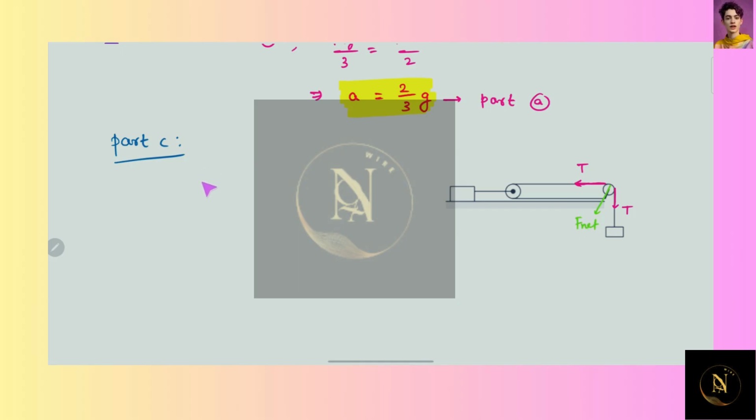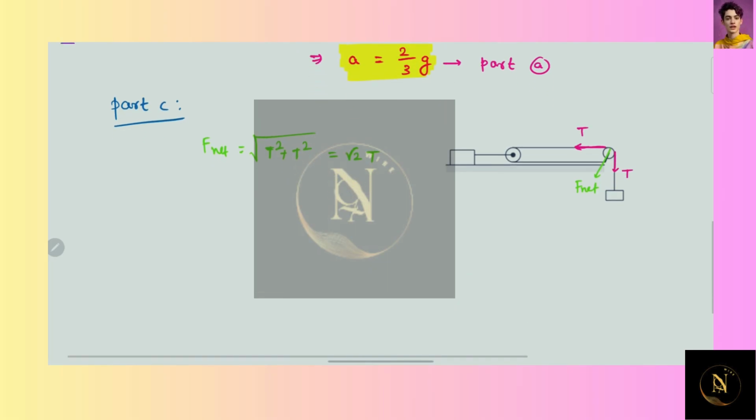So F net we can write as square root of T square plus T square, which will be root 2 T. If this is the net force by the string on the pulley, then we can say that the force on the fixed pulley by the clamp will be also the same.